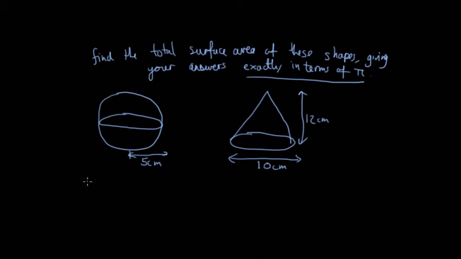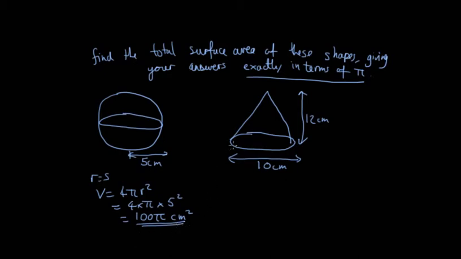So for the sphere, we've got r equals 5, so A equals 4 pi r squared, so it's 4 times pi times 5 squared, so that's 25 times 4, which is 100 pi centimeters squared.